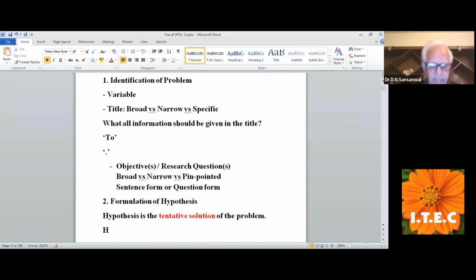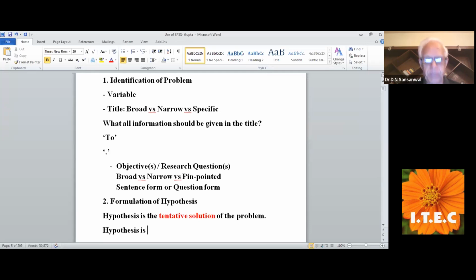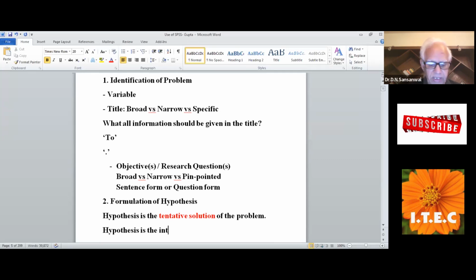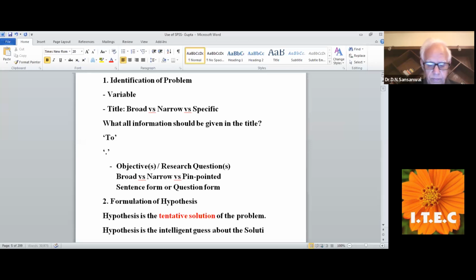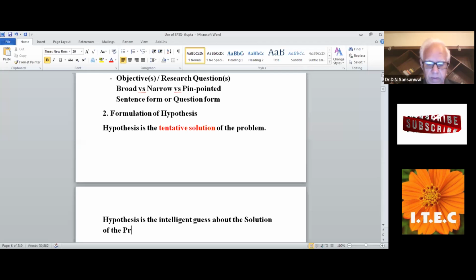Another definition is: hypothesis is the intelligent guess about the solution of the problem. It is not a guess, it is the intelligent guess.